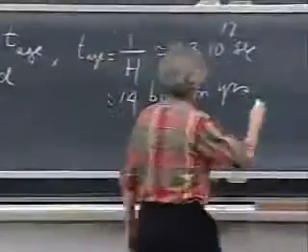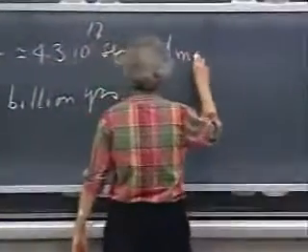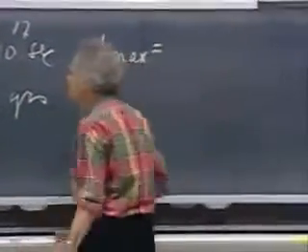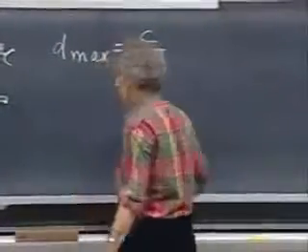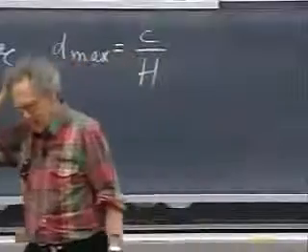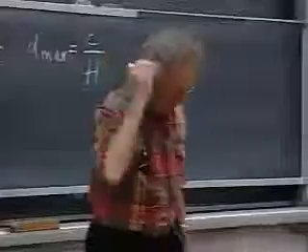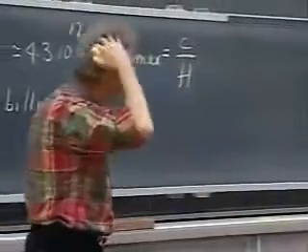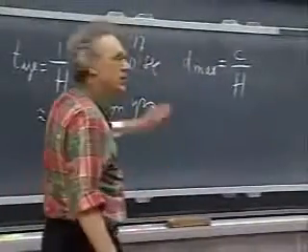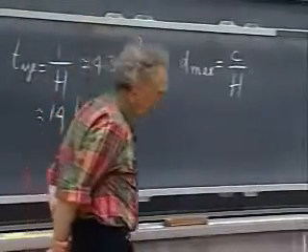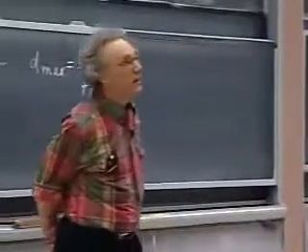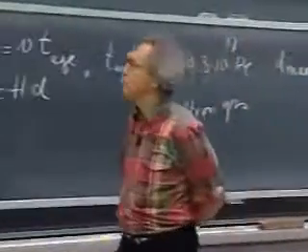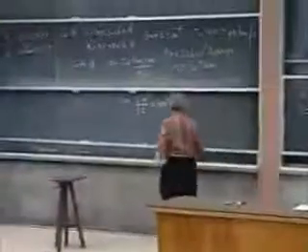And so you would find then that d max is c divided by H. And that is a distance. And you will find then, no surprise, if you use the model number, that that distance is 14 billion light years. We can never see beyond that, because if v equals c, then beta becomes 1.